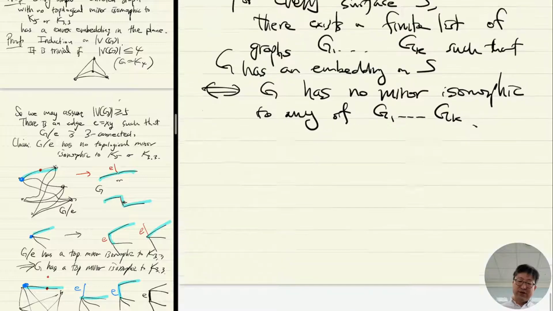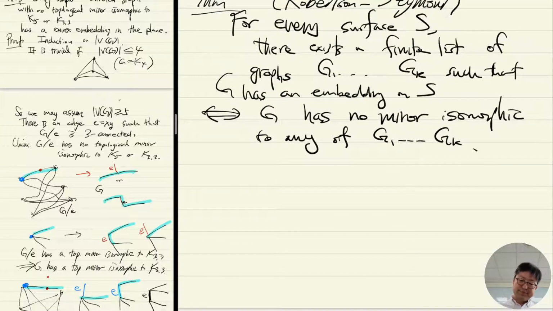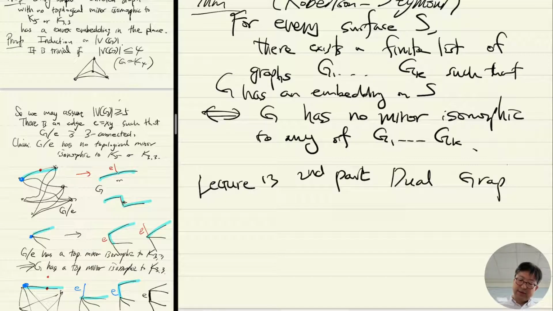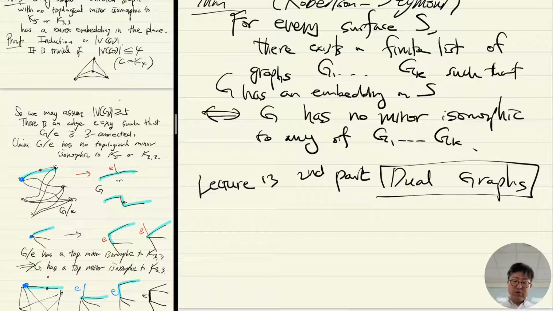Now we go to dual graphs. I didn't write it today. So lecture 13, second part. Dual graphs. Planar graphs have a really nice property called the dual graph.